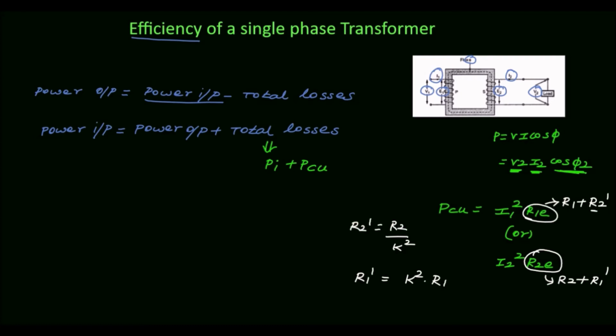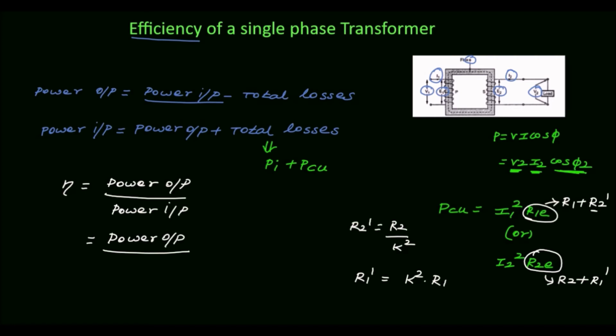Now the efficiency of any device is defined as power output divided by power input. Instead of power input, we can write power output plus total losses.